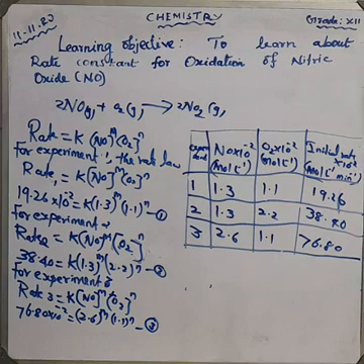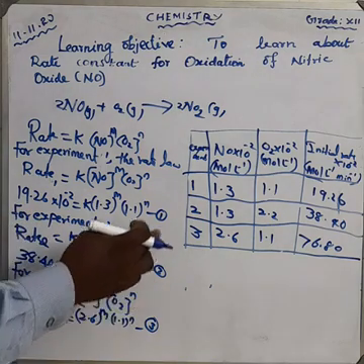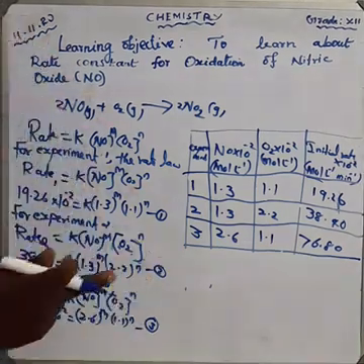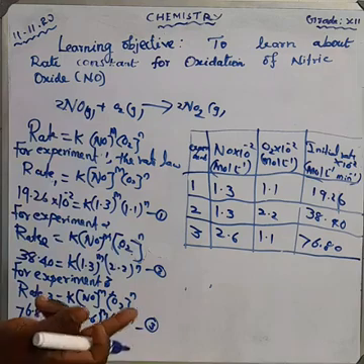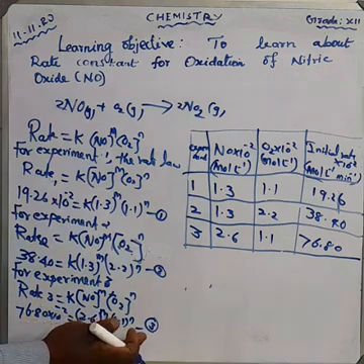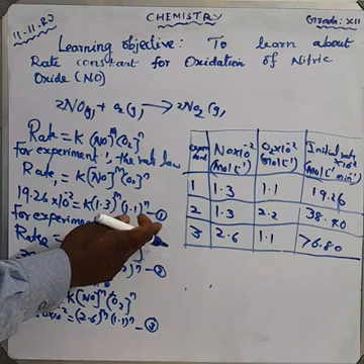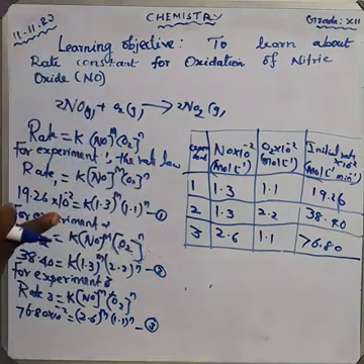Okay? Now, first you should divide equation number 2 by 1. That is the first step. The second step, you should divide equation 3 by 1. Clear?